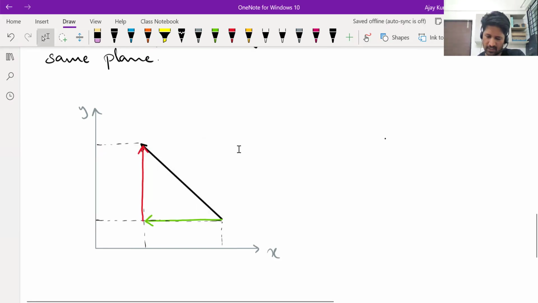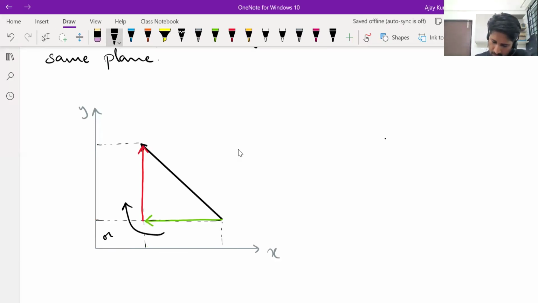Then clearly, using triangle law, the black vector is the resultant of the green and the red one. The green and red one are in order, the black one is in reverse order, so that becomes their resultant. So you can say the vector A is the sum of the x component and the y component.